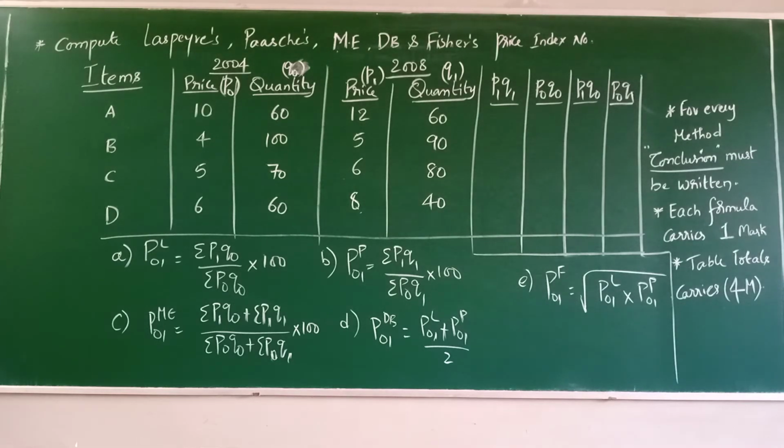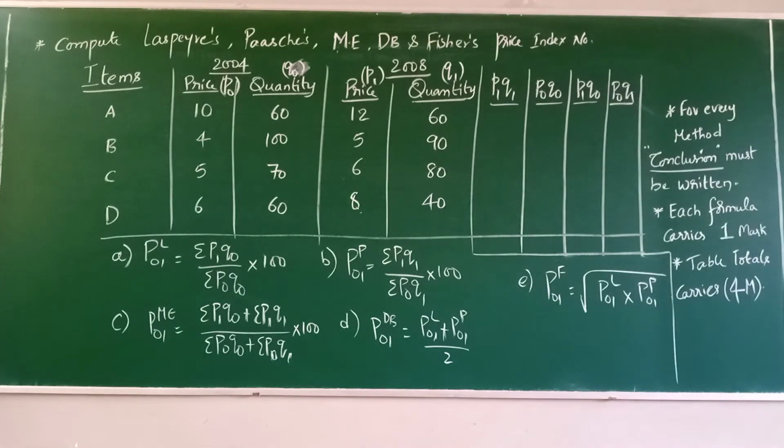So P1 by P0 is the aggregative and Q0 are the weights for the Laspeyres method. Therefore numerator Q0 and denominator Q0 have to be multiplied and then the whole thing should be multiplied by 100. So to express in percentages, for comparison and to observe how much it is increasing or decreasing, we always express in terms of percentages, remember.